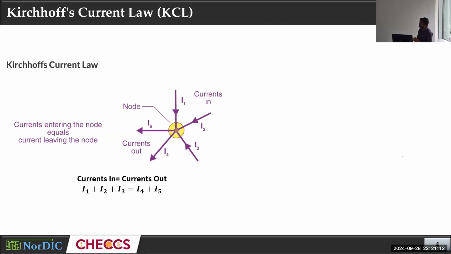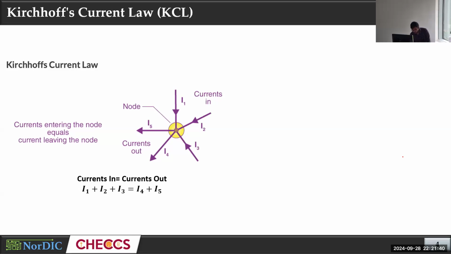From the direction that is represented by the arrow, we'll be able to know which current is entering a node, which current is leaving a node. So when you apply KCL, you have to keep in mind that we consider one node, not multiple nodes. So one node at a time.